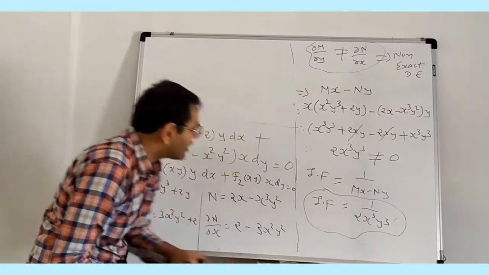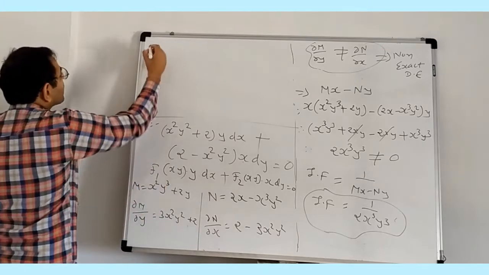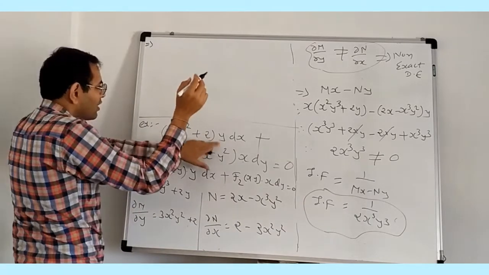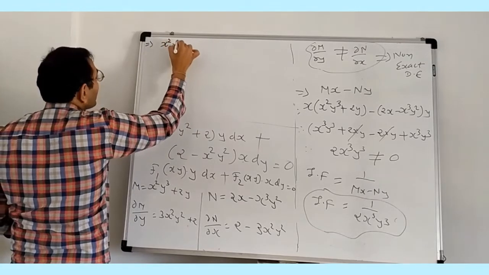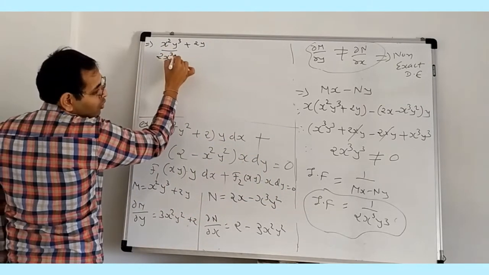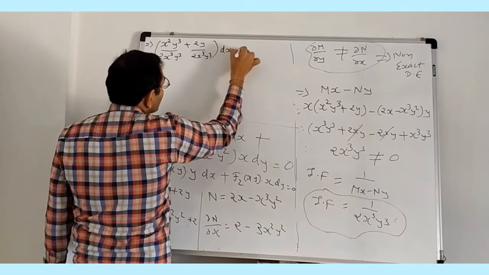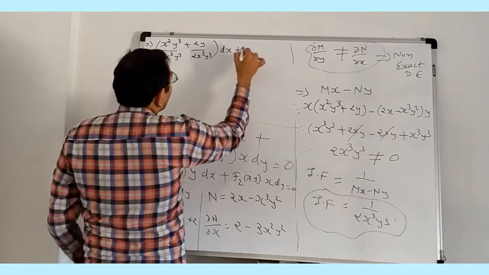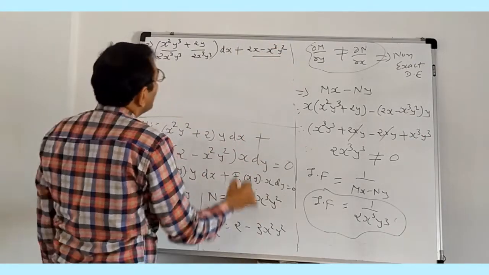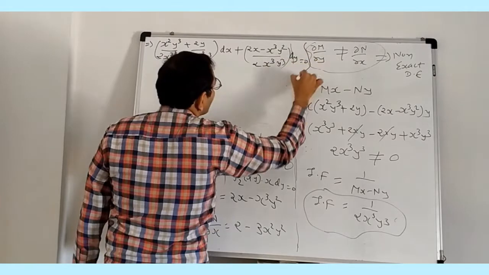For converting, we multiply the IF with our equation. In our example, this y goes inside, so we have x square y cube plus 2y multiplied with 1 upon 2x cube y cube dx plus 2x minus x cube y square upon 2x cube y cube dy equal to 0.